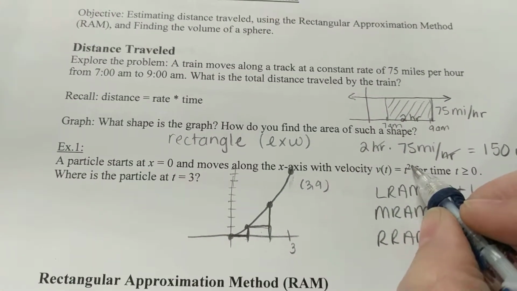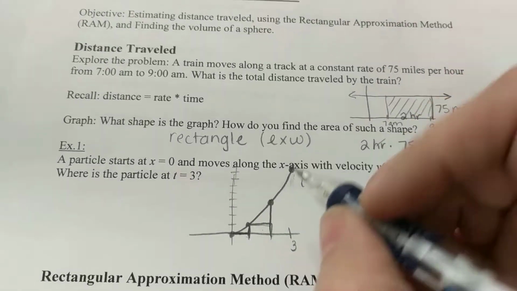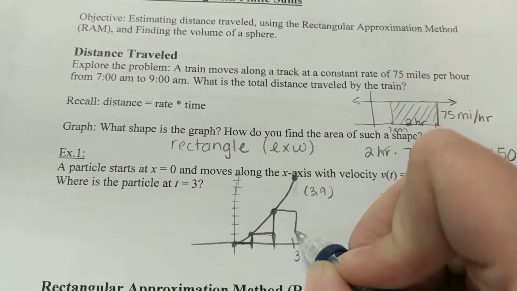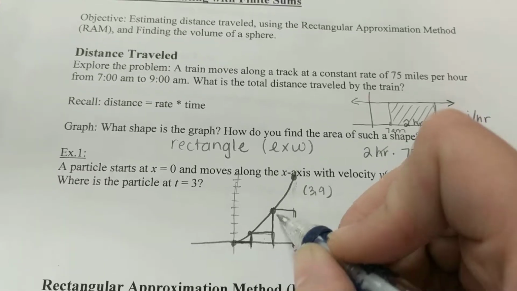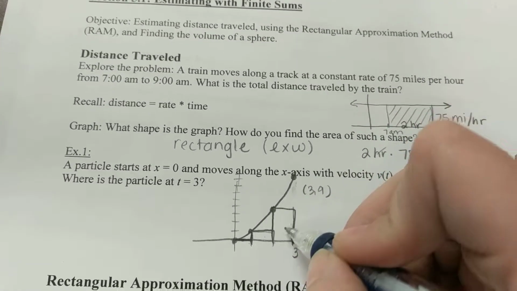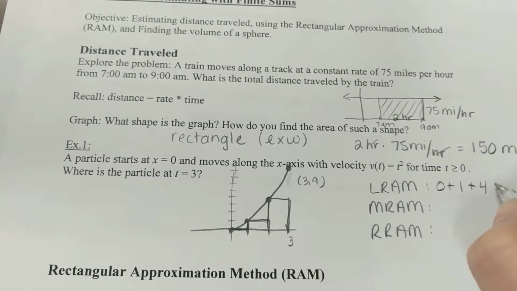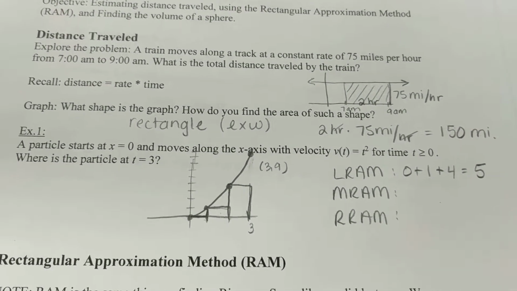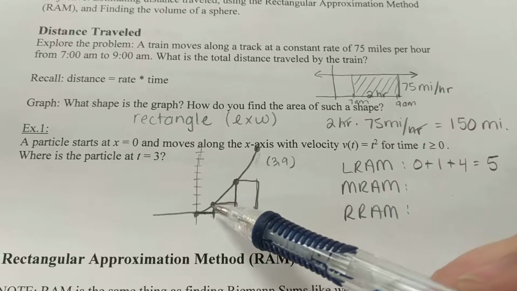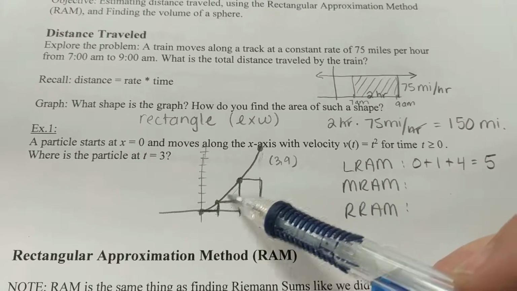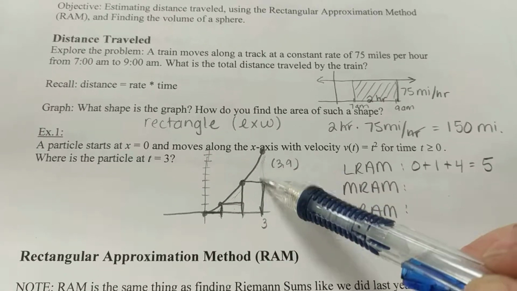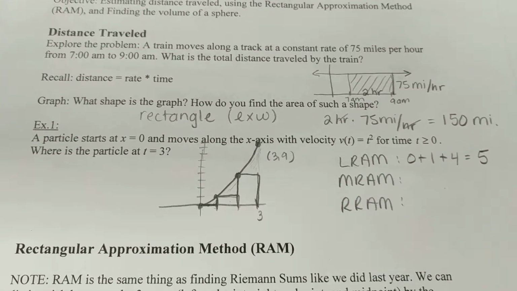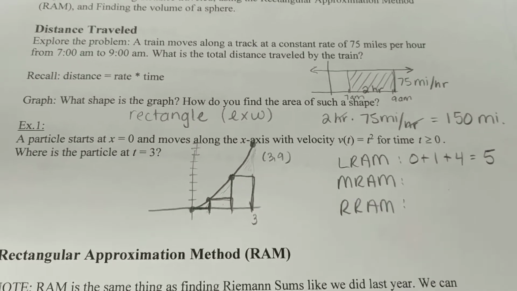If I plugged 2 in, I get 2 squared, which is 4. And if I draw that rectangle, 4 times 1 is 4. So here we're saying that the area under that curve is 5. As you can see here, we have a ridiculous amount of underestimation here. I've got lots of area underneath that's not being touched.